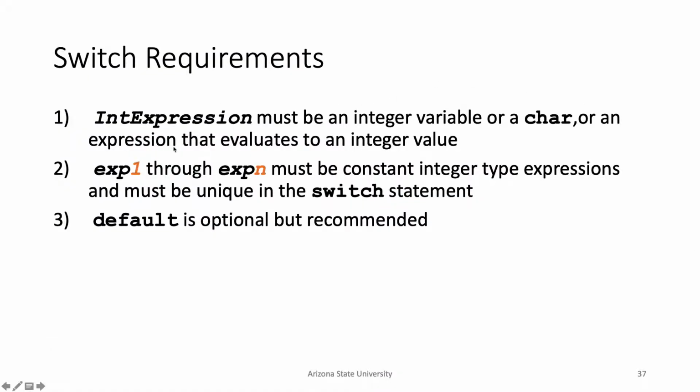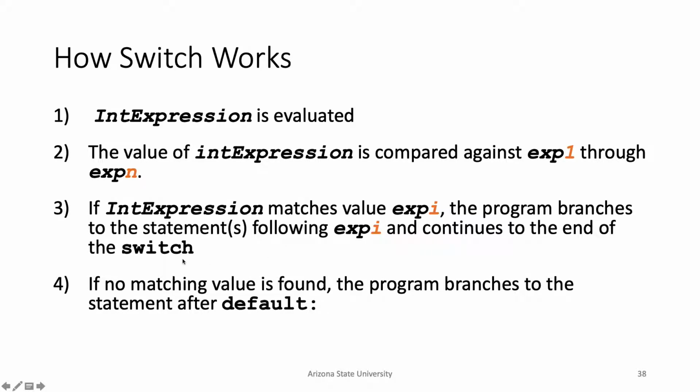Yeah. So these are the things that we just talked about, nothing new. If it matches some expression, so 3 is actually really interesting. This is the thing I was talking about. So if it matches one of the expressions, from what we know now, it's going to go through the entire rest of the switch statement. Okay?